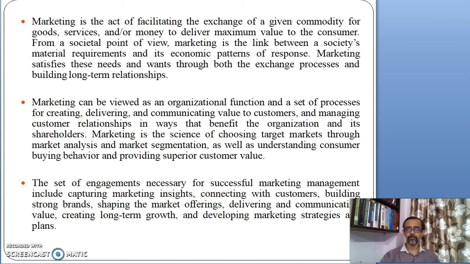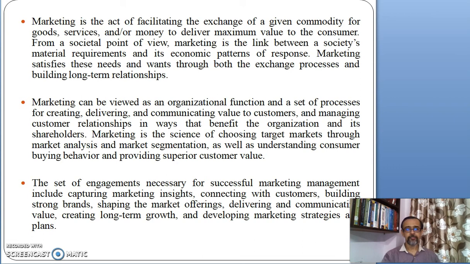So marketing is also an organizational function and a process where the organization creates, delivers, and communicates something that has value for the customers. And also we see that marketing management includes several things like insights, connecting with customers, building strong brands, shaping market offerings.